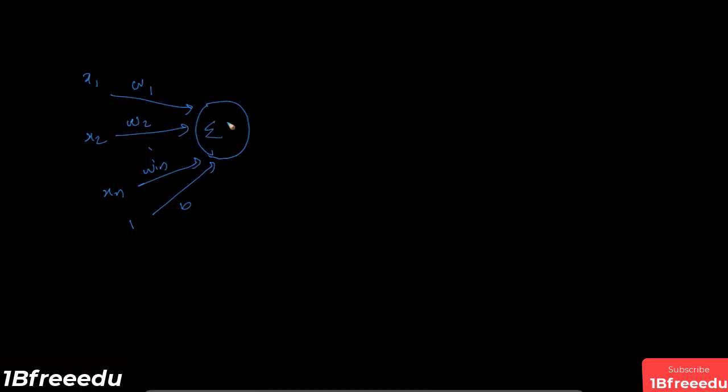So we have the sum here and f, and this is the output. The output is equal to the function applied over the sum from i equal to 1 to n of wi xi plus b, that is, w transpose x plus b. This is the output of the neuron.